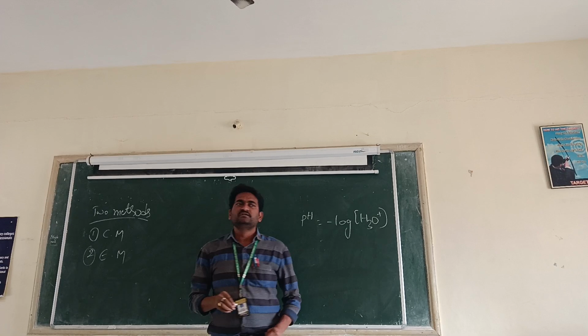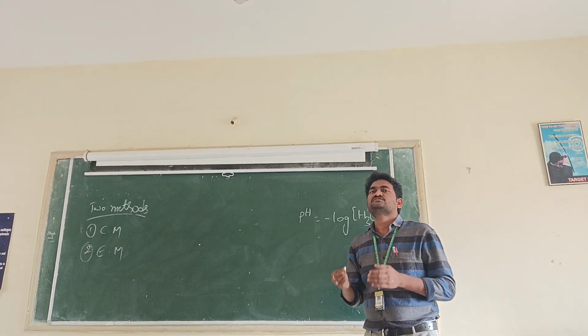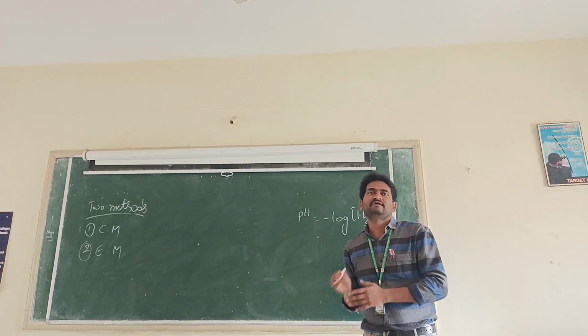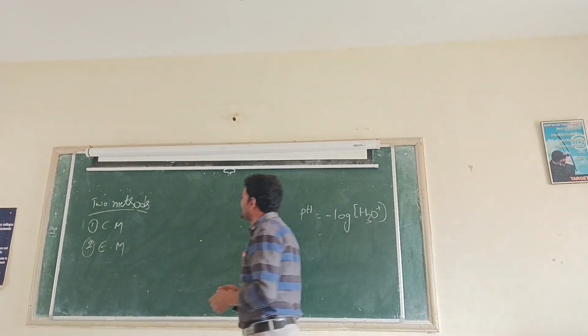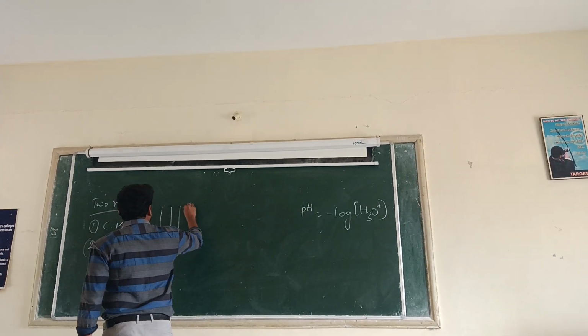In the calorimetric method, we have to prepare different kinds of standard buffer solutions ranging from pH 3 to pH 11. So we have to take different test tubes.